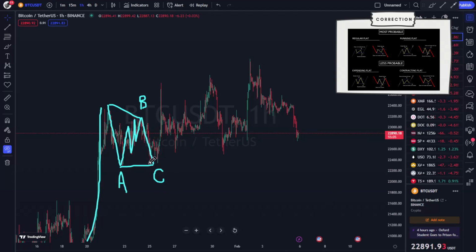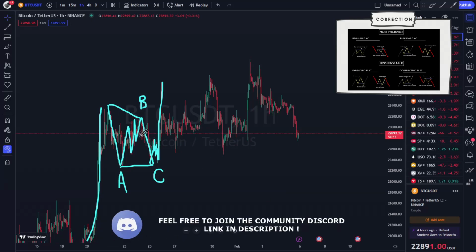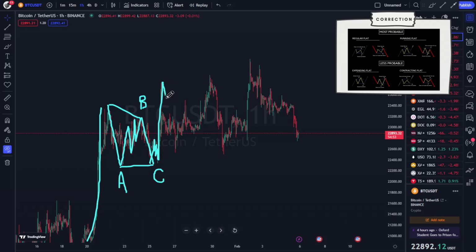After having this pattern, you got an up move, a little setup, and this tells you that it's going to go up and break the top. At that point you have your contracting flat completed. Then you have another retracement, a corrective pattern it looks like, and it breaks the top and also comes back down to break the low.